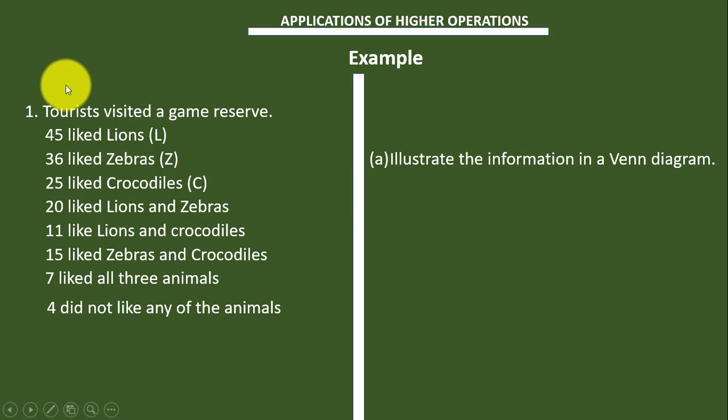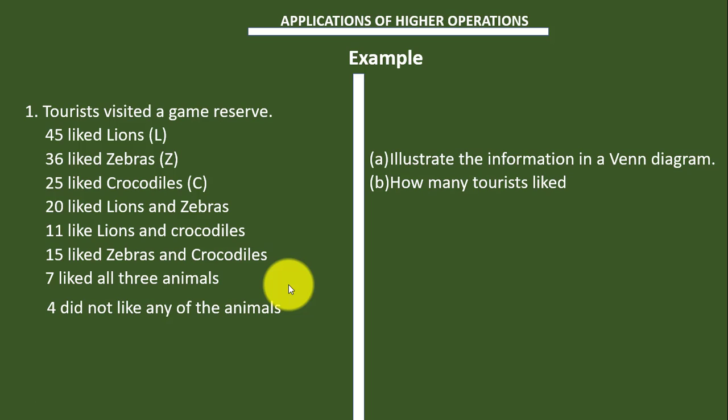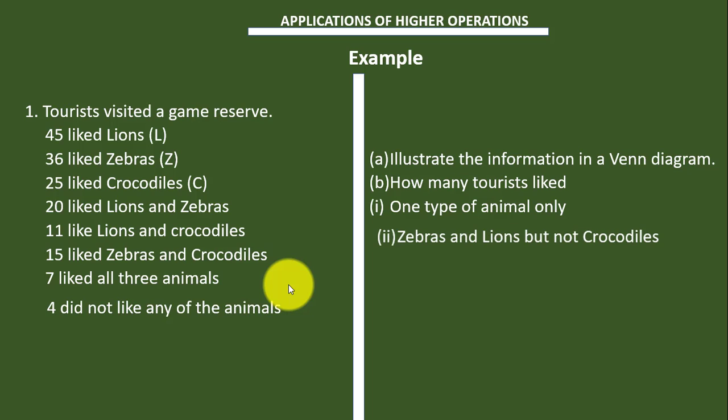In this case, they are telling us to illustrate this information in the Venn diagram. And number 2 says how many tourists liked one type of animal only, and zebras and lions but not crocodiles.